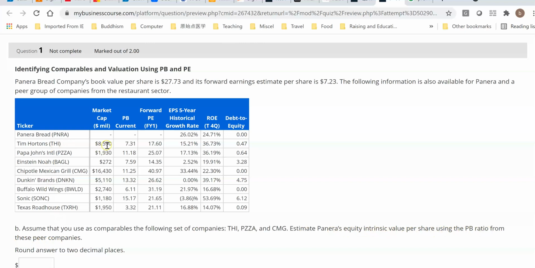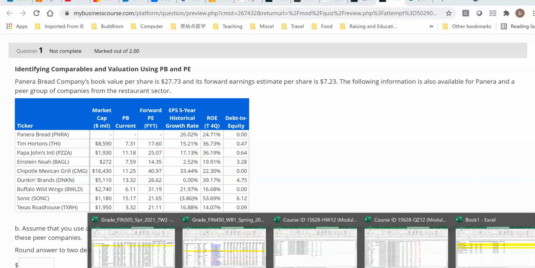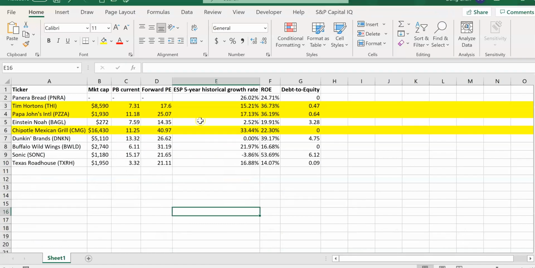So the first step for me is to copy this table, the table with all the information, into Excel. And that's what I did here, basically. And also I highlighted the 3 comparable firms in yellow: THI, Papa John's, and Chipotle Mexican Grill, CMG.